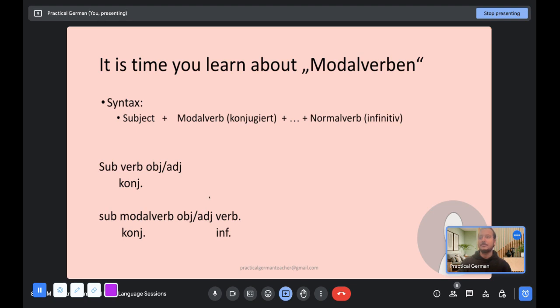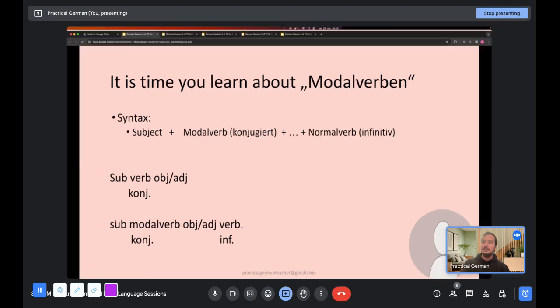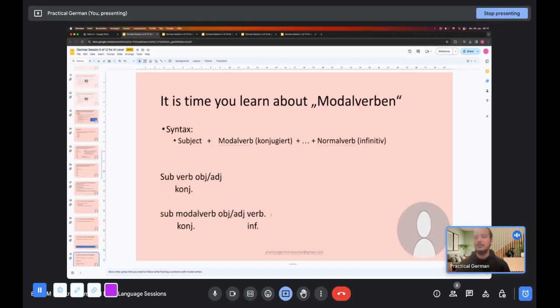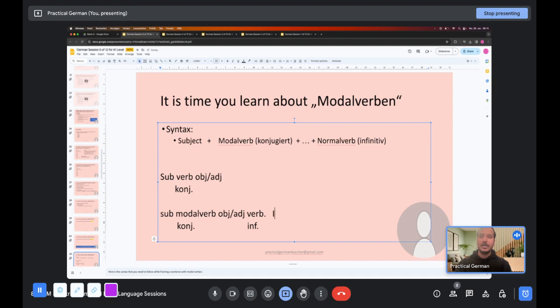For example, I want to say, I want to become rich. The verb for to become is werden, so you will have werden over here. Let me write this down so that it's clear. I want to: wollen.